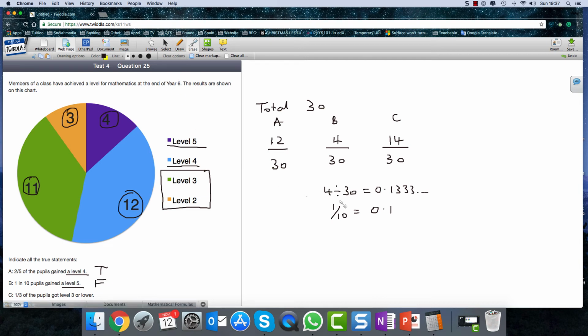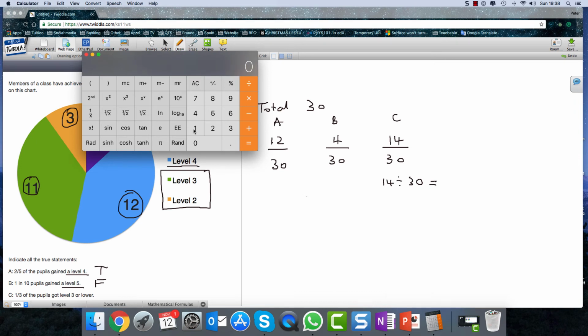Then just move on to the last one. Hopefully you can see, as you get used to these and you're confident in your method, you can do this pretty quickly. And of course you don't really need to write all of this down. You probably just need to write the decimals down. So when you do 14 divided by 30, the important thing is to write the answer down. Maybe write 3 to 4 decimal places down.